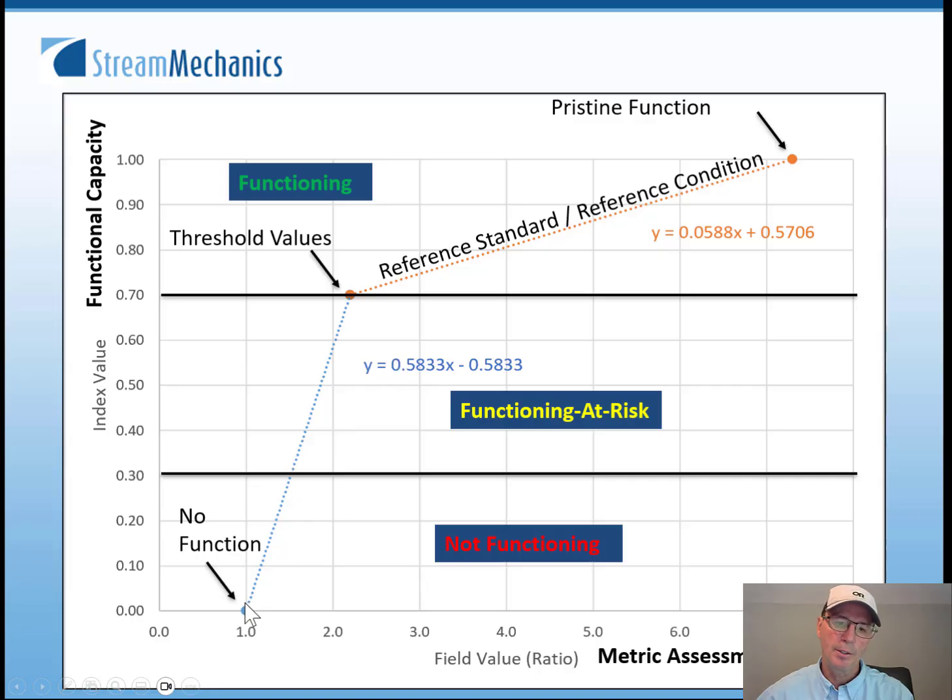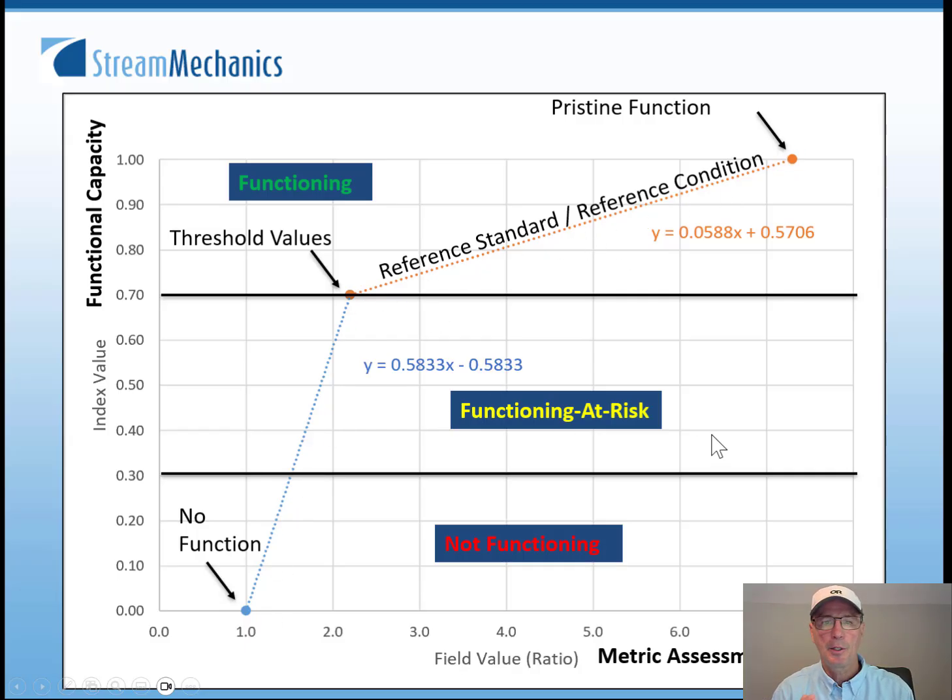You can see regression equations are put to these points, but it's important to note these are not regression lines through a data set like we would normally do. We would normally have an XY scatter plot, and then you fit a best fit line through those points. That's not what this is doing. I mean, it is mathematically, but this is not a data set. These were decisions that the team made to create these threshold values, and then the equations are developed.